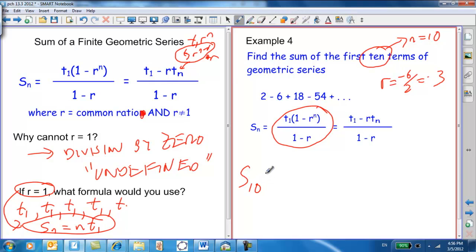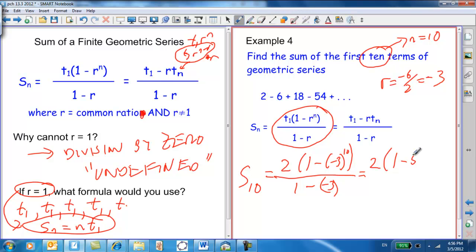So the sum of the first 10 terms is t sub 1, which is 2, times (1 minus the common ratio, which is negative 3, to the n, which is 10), all over (1 minus the common ratio, which is negative 3). So this is 2 times (1 minus, and the negative to the 10th will cancel out, and we get 3 to the 10th). We can do that on the calculator. In fact, you can do the whole thing on the calculator if you show me what you're putting in.